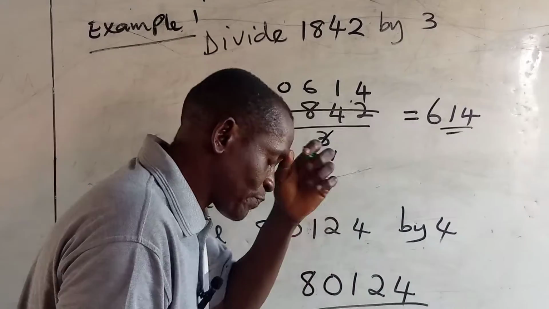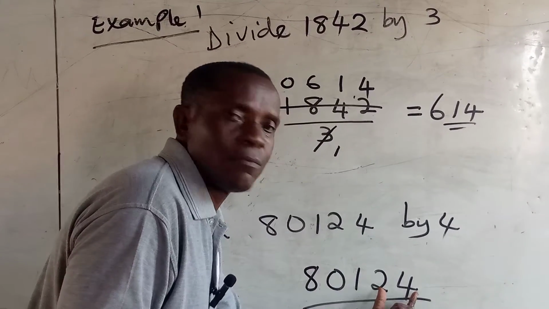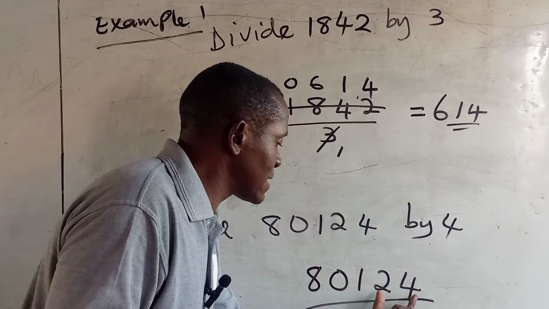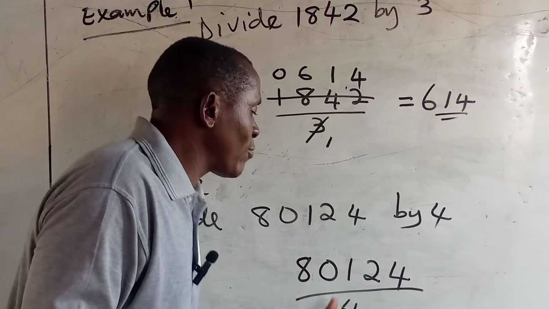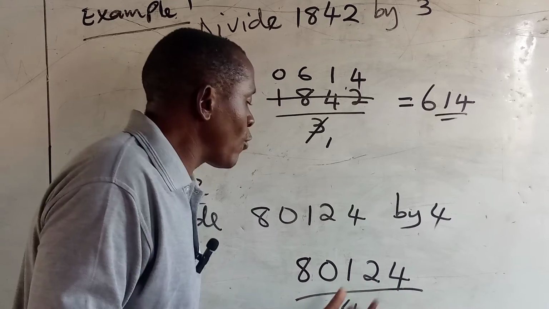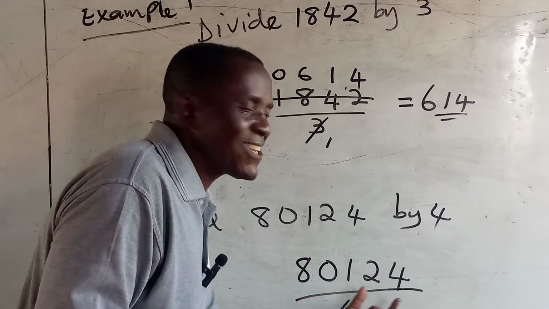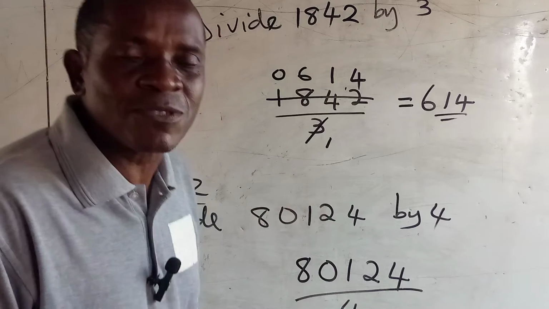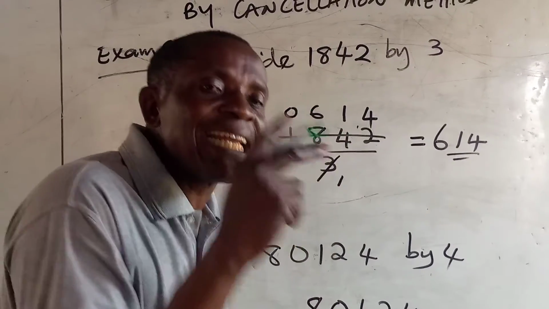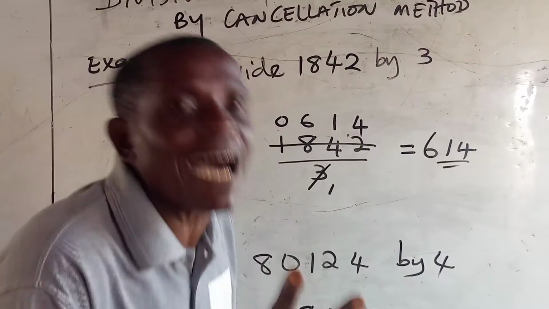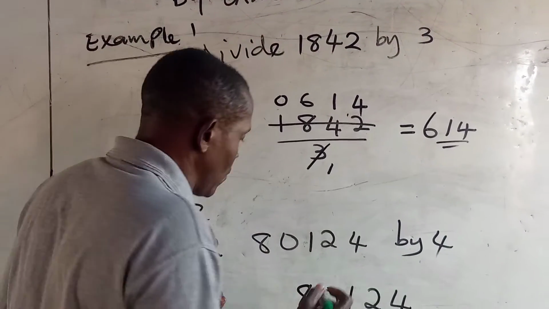For example, if this ends with 12, 4 can go into 12, 4 can go into 16, 4 can go into 24, 4 can go into 20. So in the rules of divisibility of 4, a number is divisible by 4 when its last 2 digits are divisible by 4. So let's go.